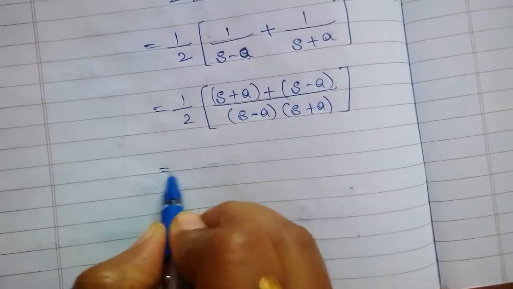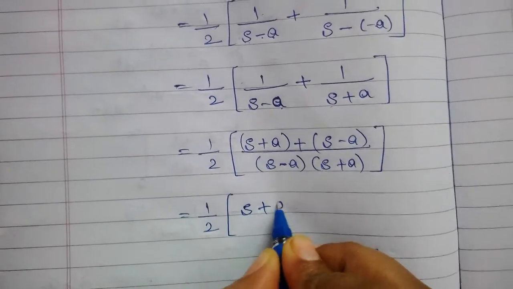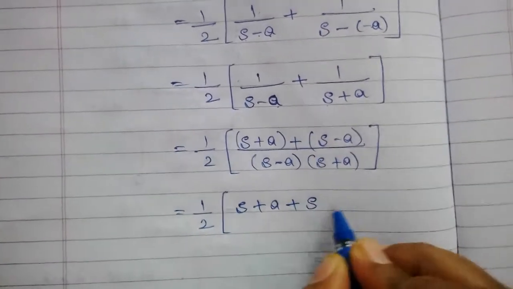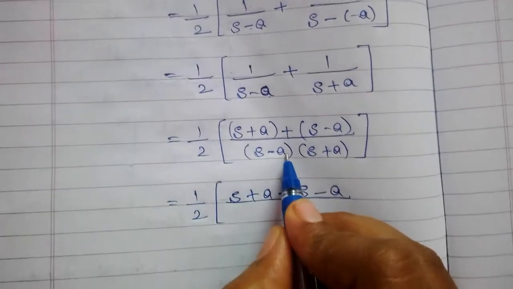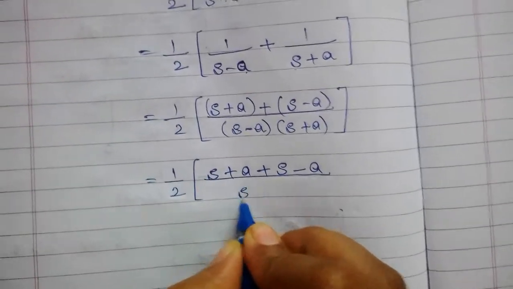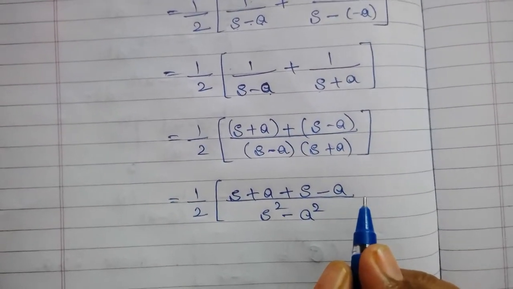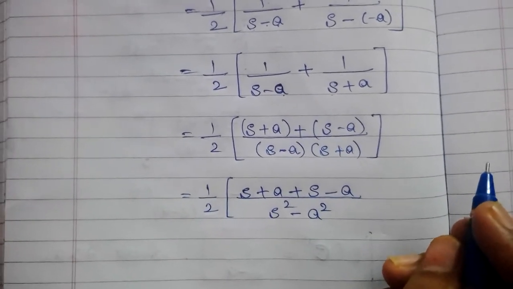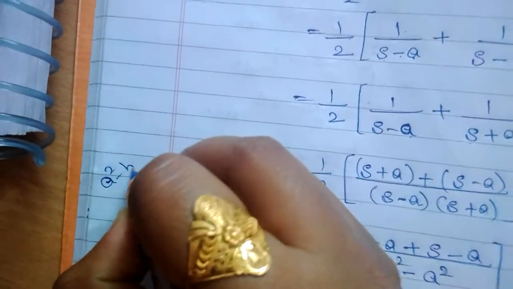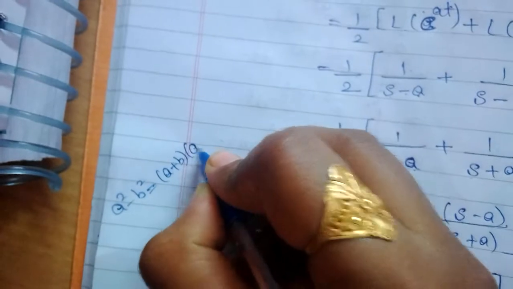Then 1 by 2 into s plus a, plus, and minus a, divided by, we know that s minus a into s plus a is s square minus a square, because a square minus b square is equal to a plus b into a minus b.